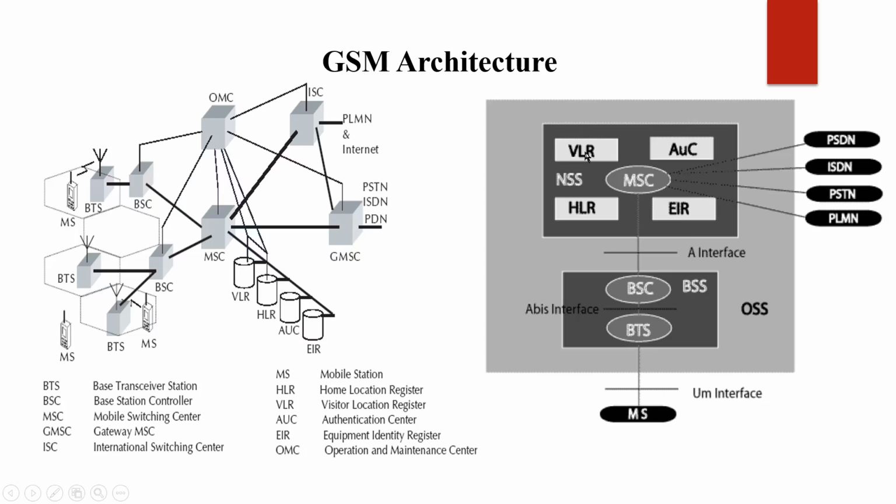Over here, VLR, visitor location register is there, network switching center is there, network switching subsystem is there, authentication system is there, MSC is there, BSC, BTS. So it is a diagrammatical structure, and this is your block architecture. Okay, you can draw it.